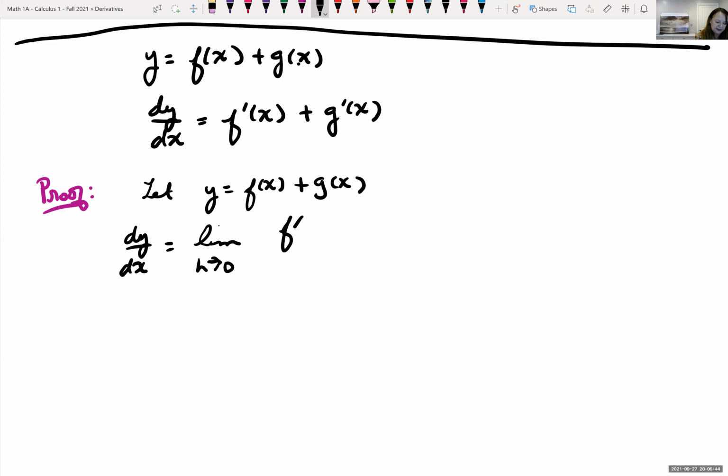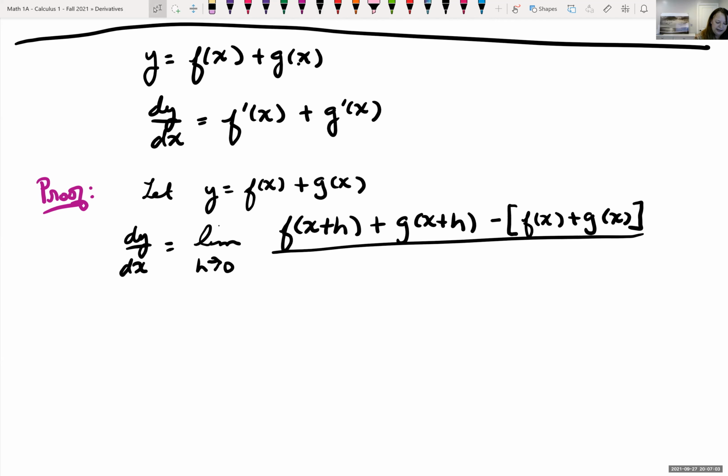So if we do that, this is f of x plus h plus g of x plus h minus our original y function, which was f of x plus g of x, all over h.